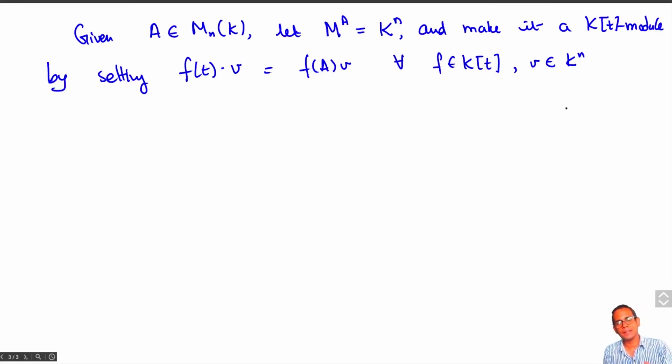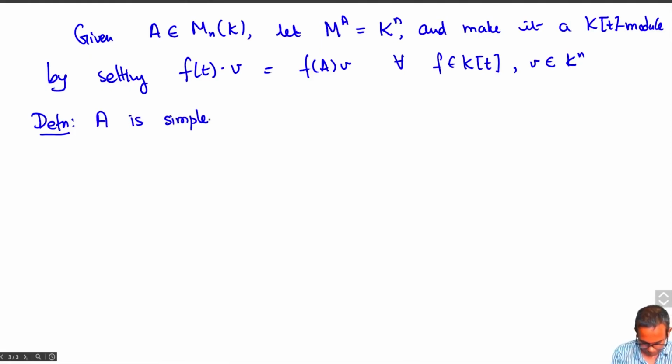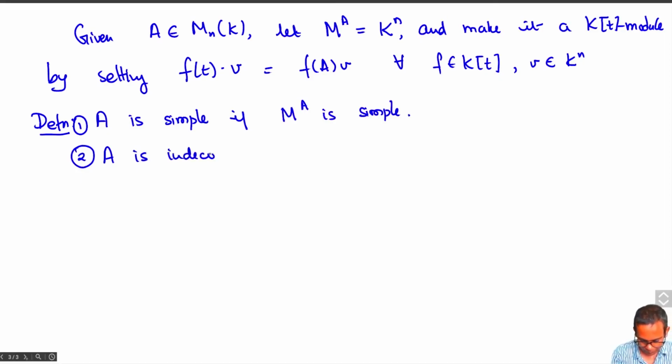Now, using this correspondence between matrices and K[t] modules, we can transfer ideas from module theory to matrix theory. So here are some definitions motivated by this. A matrix A is simple if M_A is simple. We could say a matrix A is indecomposable if M_A is indecomposable.